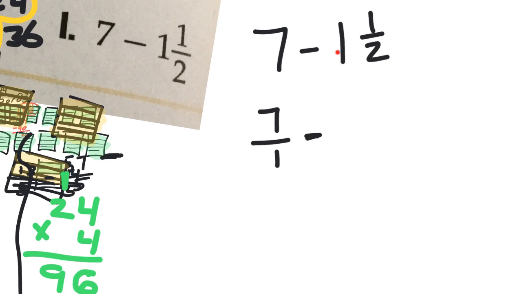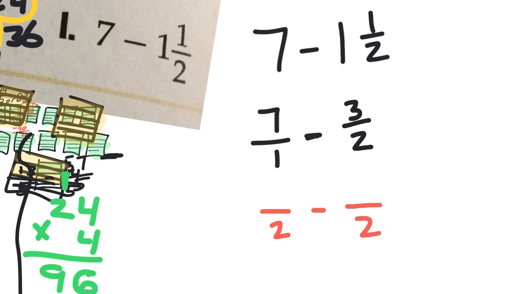So 1 times 2 is 2. 2 plus 1 is 3. So I've got 3 halves. Now subtract fractions. I need a common denominator. So between 1 and 2, the common denominator should be 2.